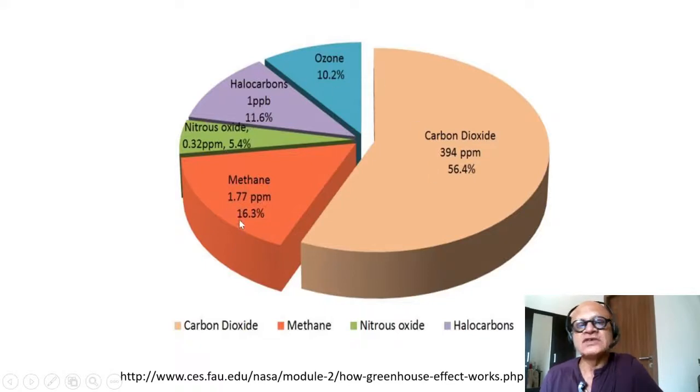Obviously, for all of these, we already said a few times that we don't just look at the percentages or the fraction of the total, but we also have to look at their residence times, how long they stay in the atmosphere once you put them out there, and what their global warming potential is.